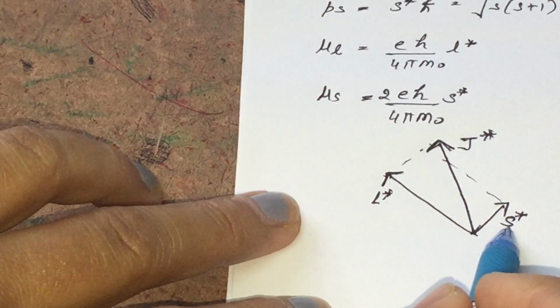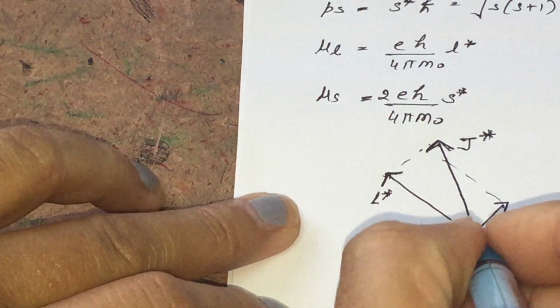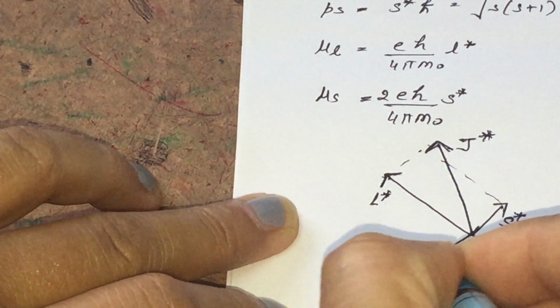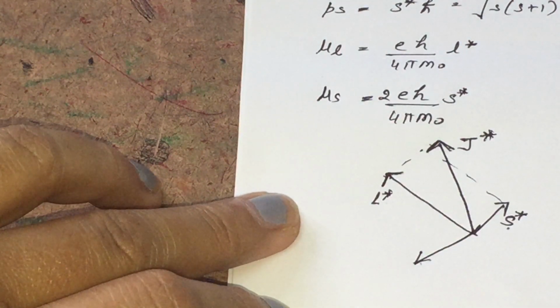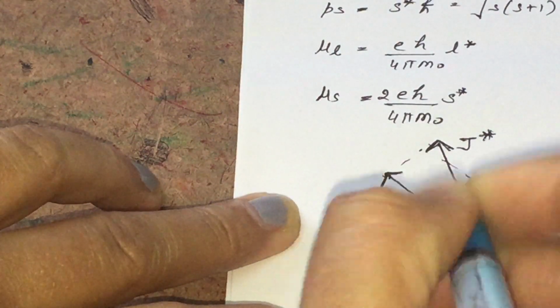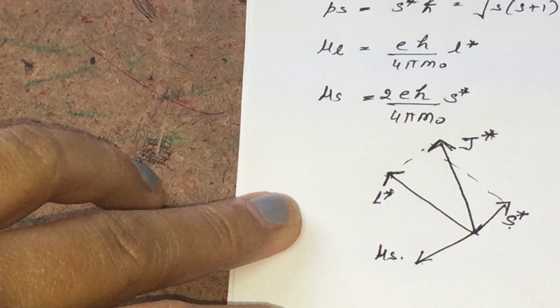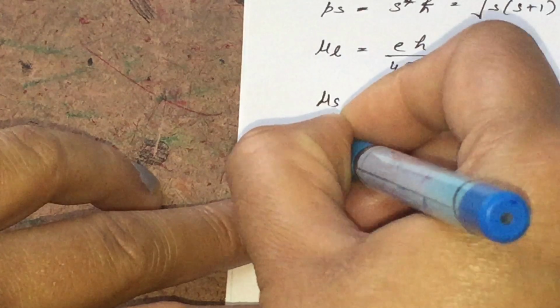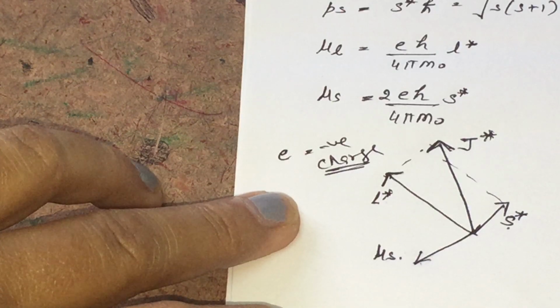Corresponding to this motion there is a magnetic field, and its direction is opposite to the spin angular momentum because the electron has negative charge. It means the directions of mu s and s star are always opposite to each other, so we have an anti-parallel direction of s star and mu s.